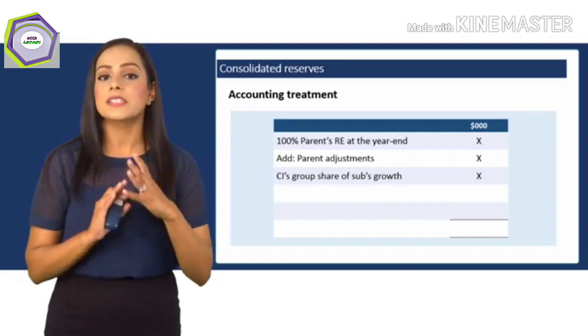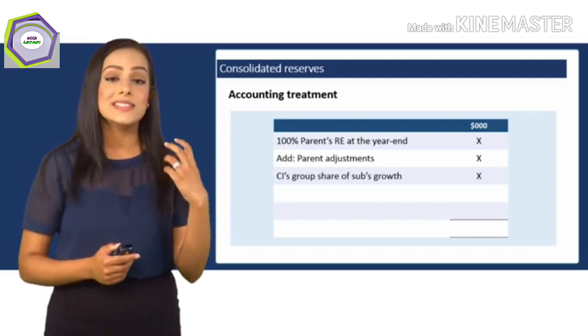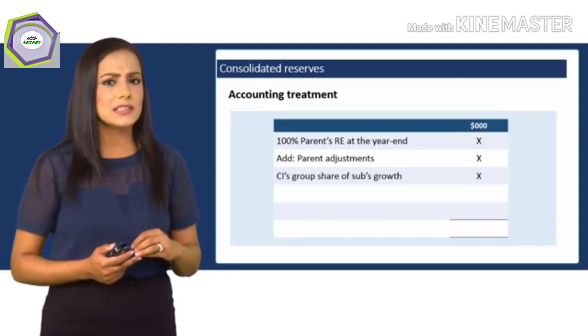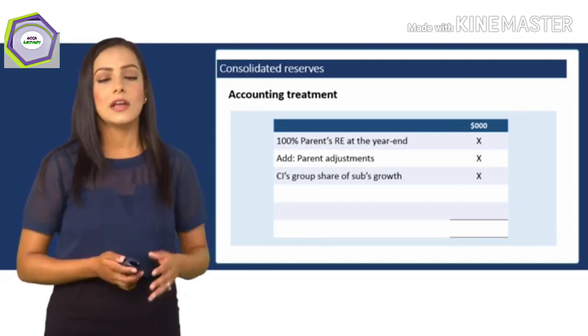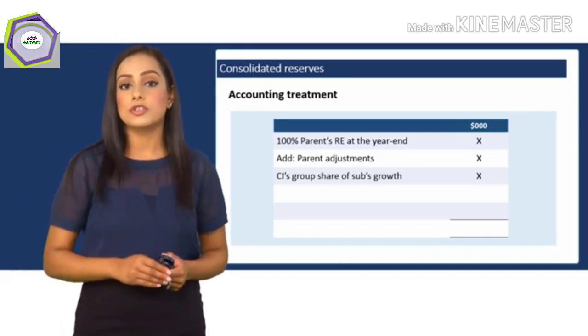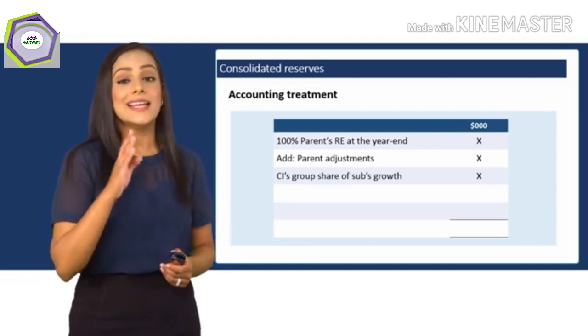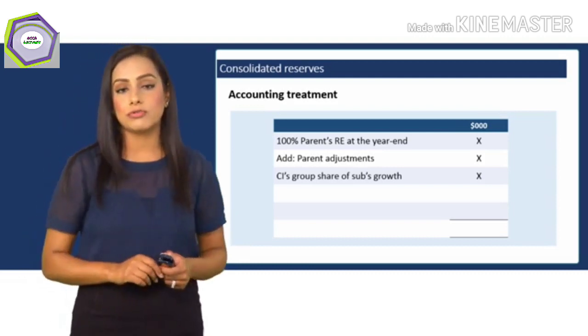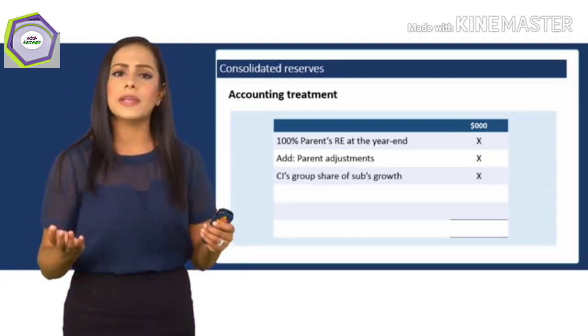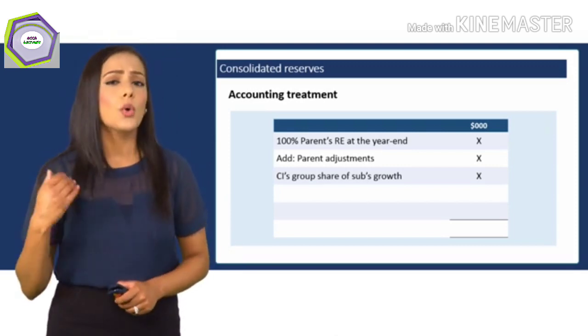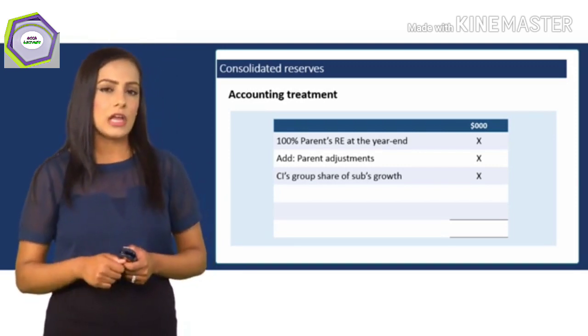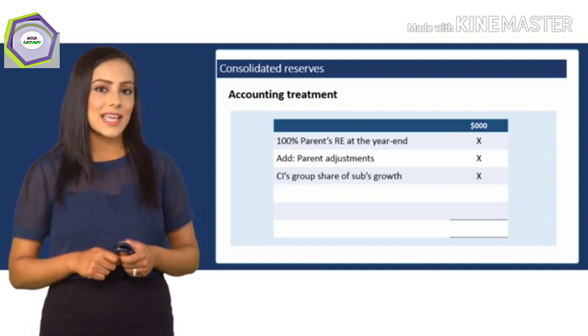Moreover, whatever the subsidiary's growth is, the CI percentage, CI stands for controlling interest, of the subsidiary's growth belonging to the parent is added to the parent's retained earnings. How do we calculate the subsidiary's growth? Remember the net assets table.